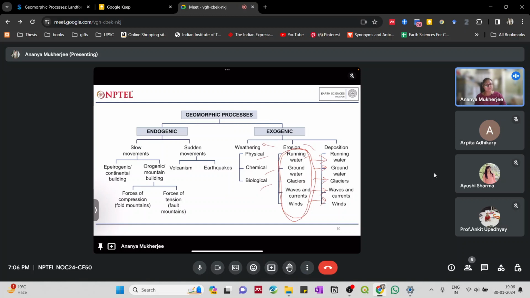So you have erosional landforms and then you have depositional landforms. This landform creation happens due to the geomorphic processes, because of different agents. You have endogenic agents also, you have exogenic agents also, the processes. So this is an outlook of what composes geomorphic processes.